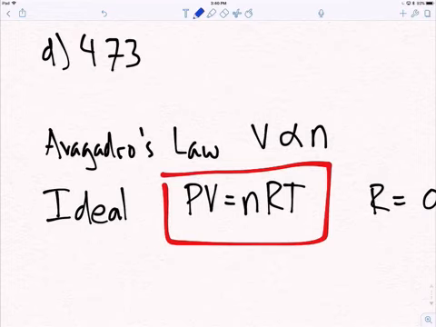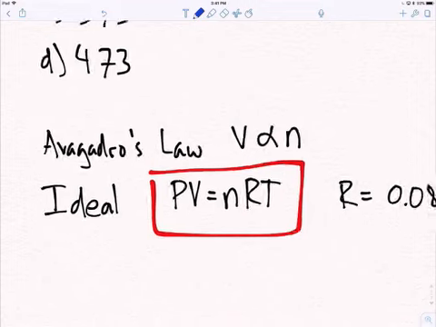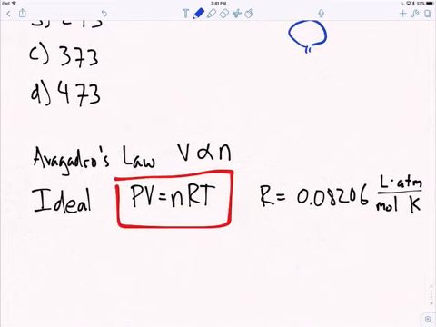Okay, and then the last thing we'll talk about is the ideal gas law, and this combines the other gas laws together. This is PV equals nRT, so pressure times volume equals n, the number of moles, times R, the gas law constant, times the temperature. And what is R?